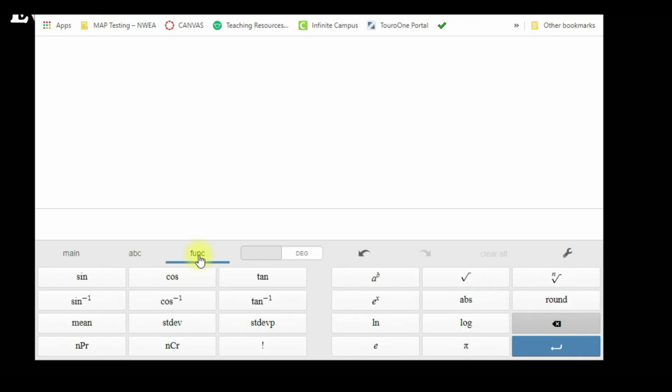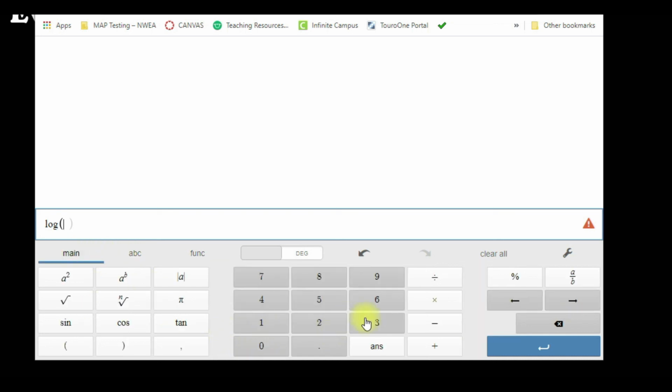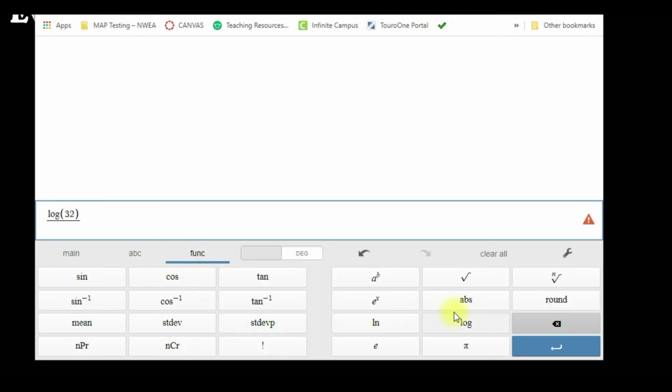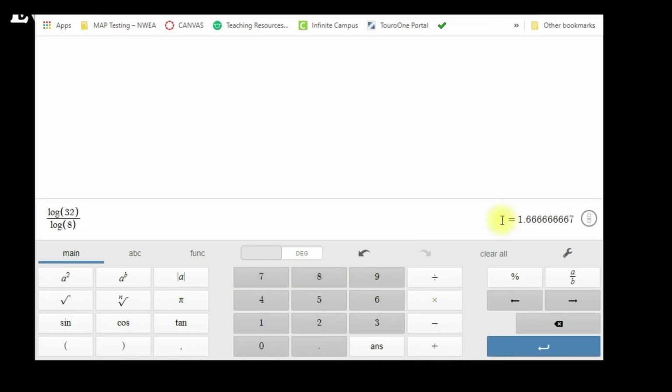So I'm going to press the function key. So here's a button for log. See it right here? So go log and then punch in the number 32 and then divide and then go back to function and then press log again. So this time we need it to be log 8. As you can see, the answer is on the right hand side here.